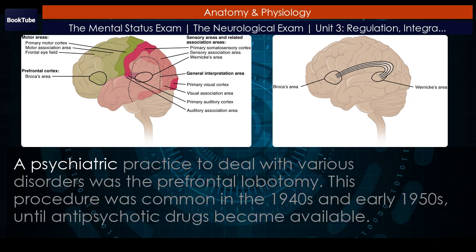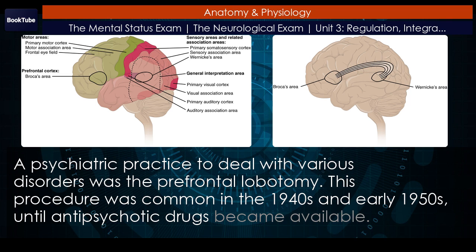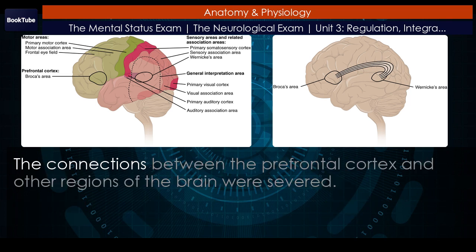A psychiatric practice to deal with various disorders was the prefrontal lobotomy. This procedure was common in the 1940s and early 1950s, until antipsychotic drugs became available. The connections between the prefrontal cortex and other regions of the brain were severed.